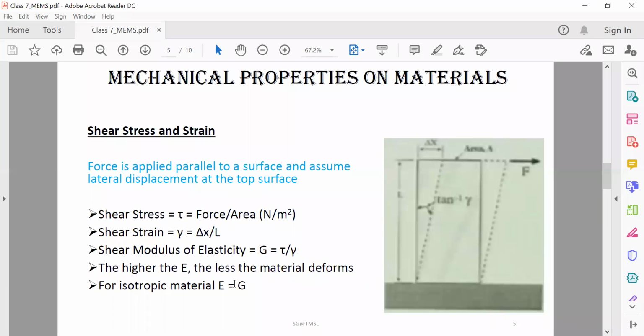So elastic modulus and shear modulus will be equal for isotropic material. Different isotropic materials are there, like silicon dioxide, silicon nitride, diamond. So these are the isotropic materials.